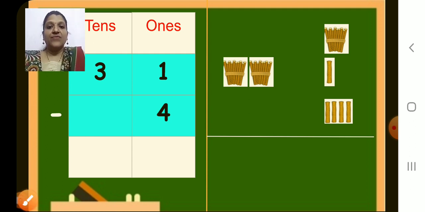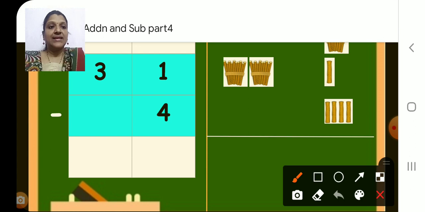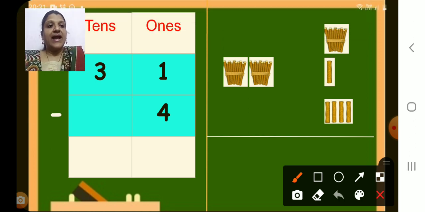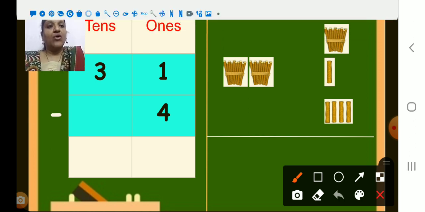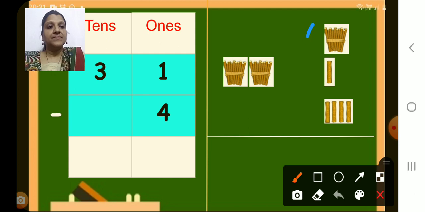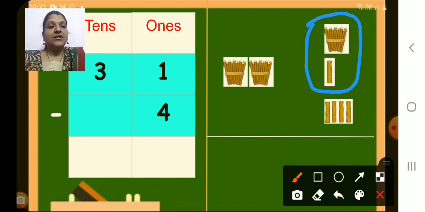Now, if you see, at the ones place we got 10 plus 1 one, that is 11. Now, can we subtract 4 from 11? Yes. So, what is 11 minus 4? 7.